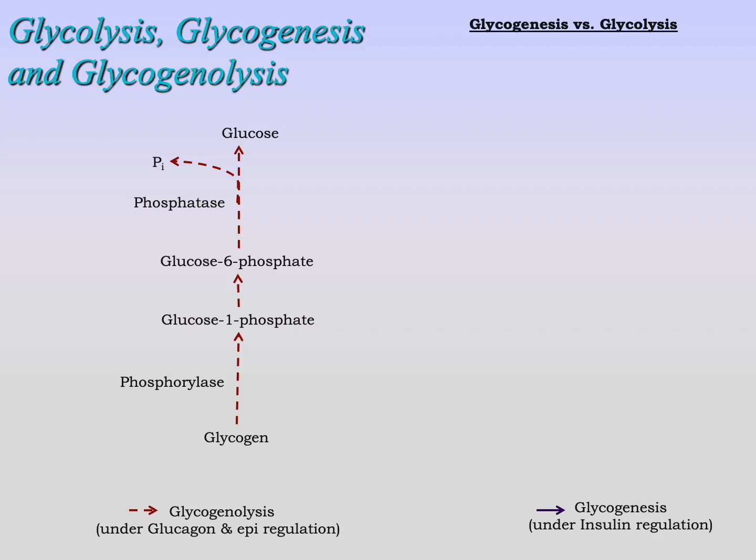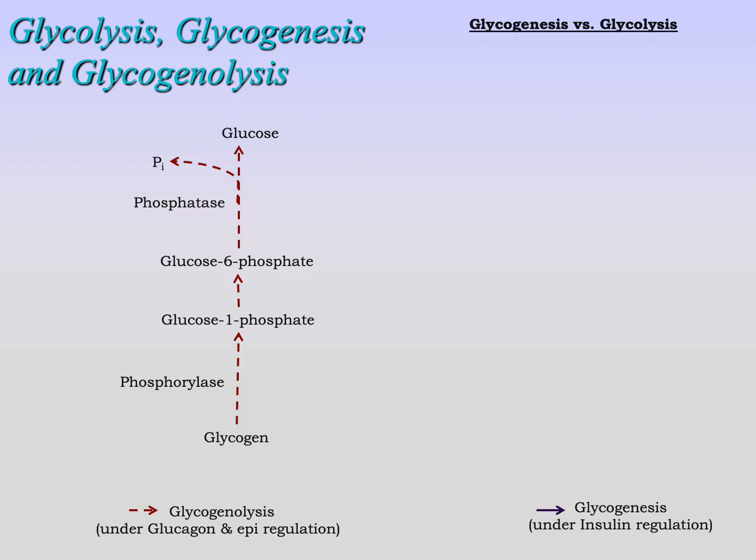Glucose 1-phosphate will then form glucose 6-phosphate. Glucose 6-phosphate will then undergo a secondary reaction with a phosphatase enzyme, splitting off the phosphate, forming glucose. That phosphate that gets freed up will then interact with the phosphorylase, splitting another glucose away from the glycogen, and the cycle will continue.